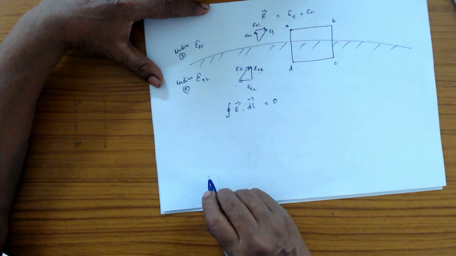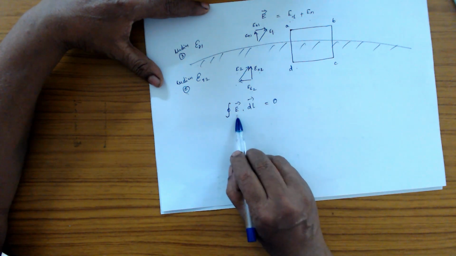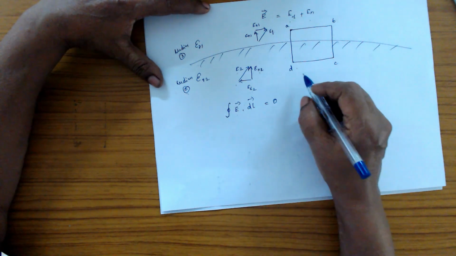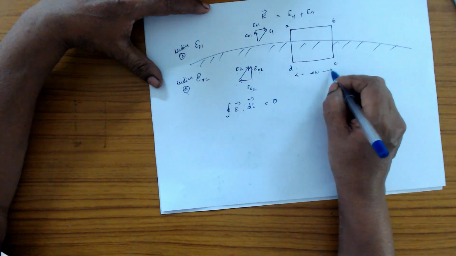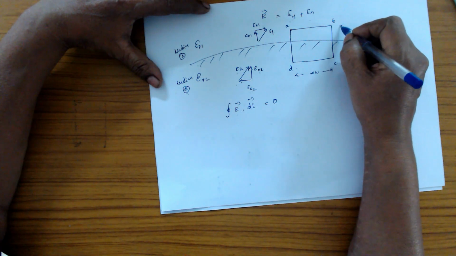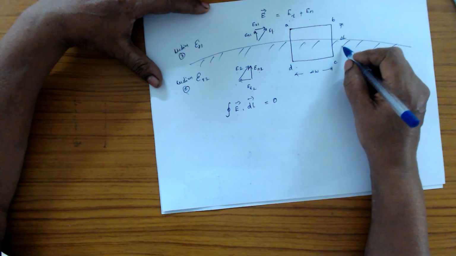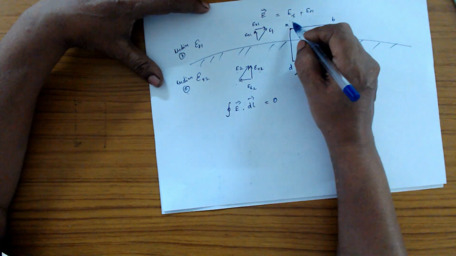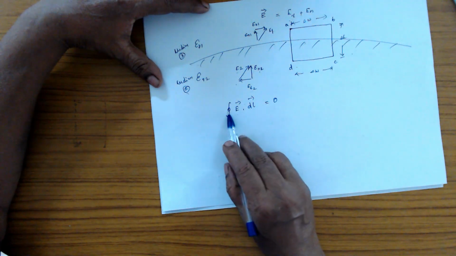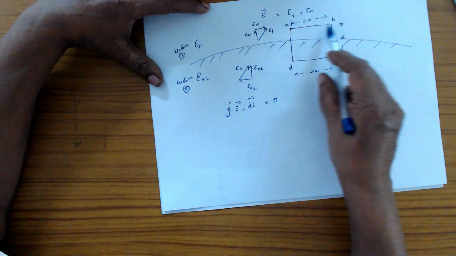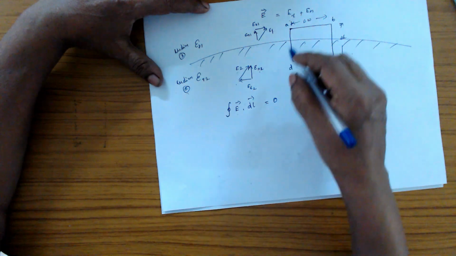Now this will consist of 4 different parts. Let me take this width as delta W, and this height as delta H, and again this is also delta W. Now I need to put the whole integral over this entire path.